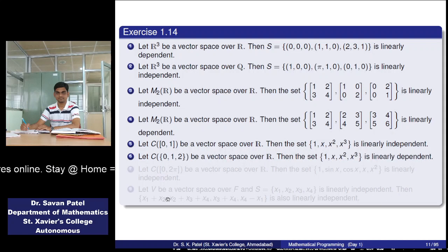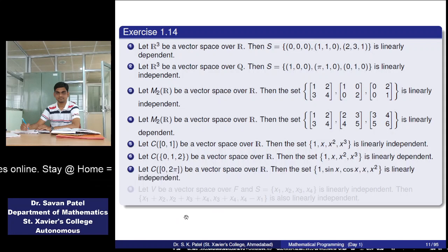But if we think about the set of all continuous functions on the set {0, 1, 2}, meaning we are having only 3 points, then the similar collection of functions 1, x, x square and x cube is linearly dependent, not independent. So this set's linear dependency or independency depends on the vector space.